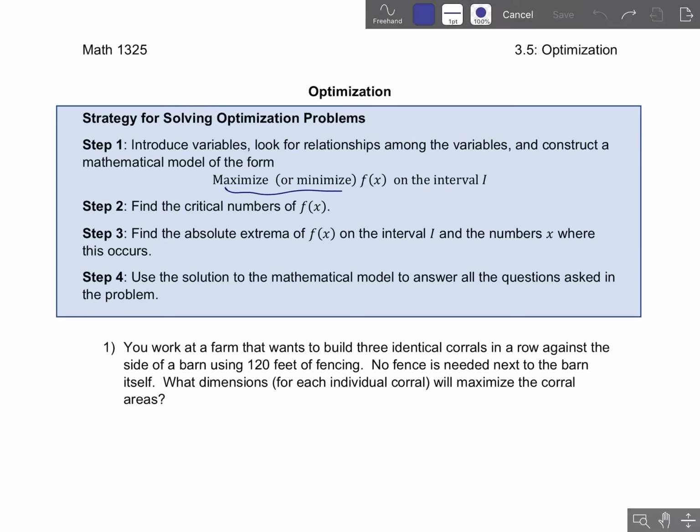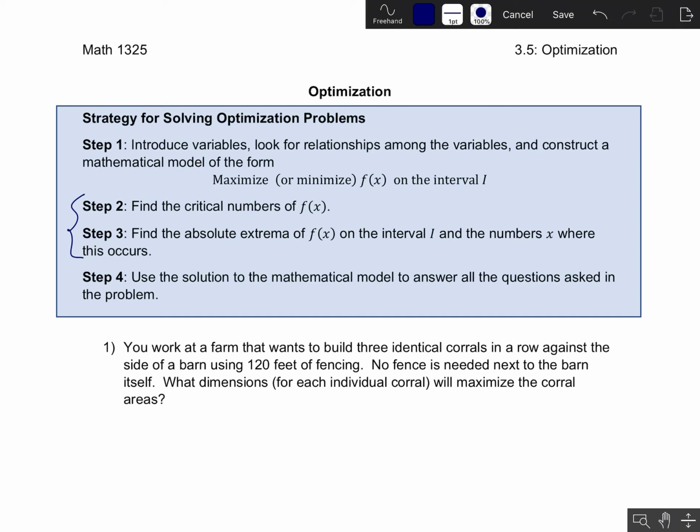And then we will look for relationships among those variables and use that to construct a certain model where we're trying to maximize or minimize a certain function on a given interval. And sometimes the interval is infinite, so you might be interested in just maximizing a function anywhere, and in that case we won't have to worry too much about that interval I. Steps 2 and 3 are basically just the first and second derivative tests.